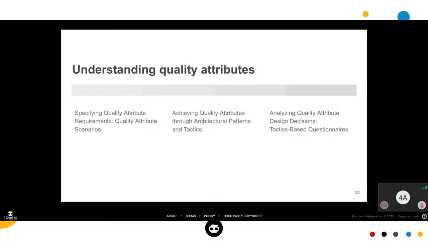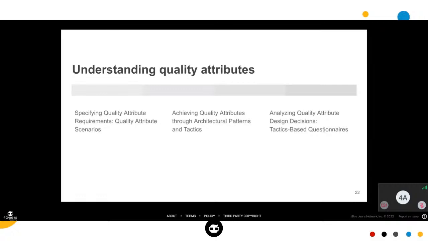The first is specifying a quality attribute, that is quality attribute scenarios, right? There is a source, there's a stimulus, there is an environment, there's an artifact, there's a response. All of these concepts define a quality attribute.